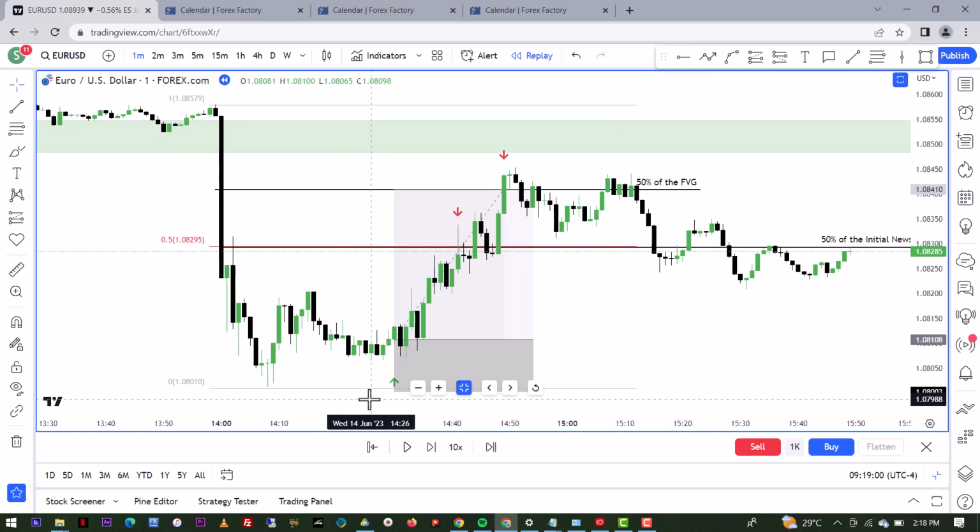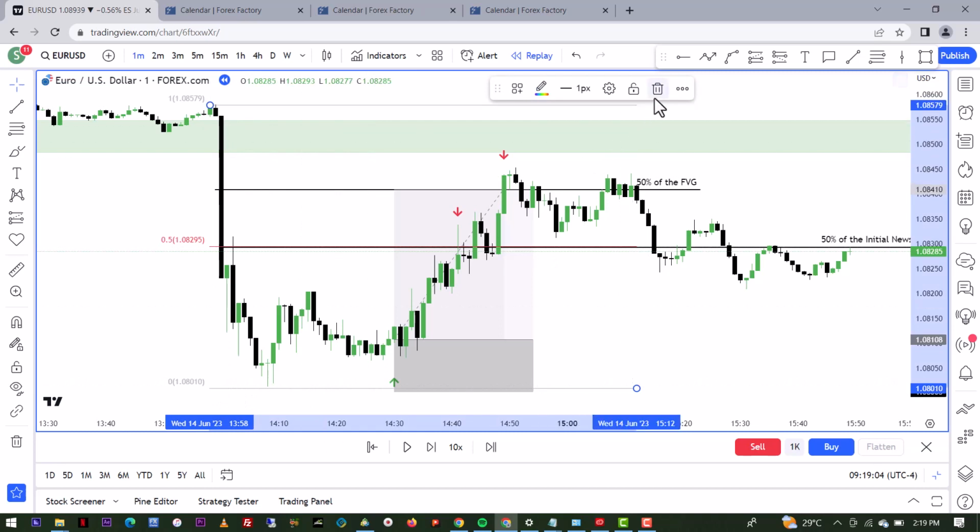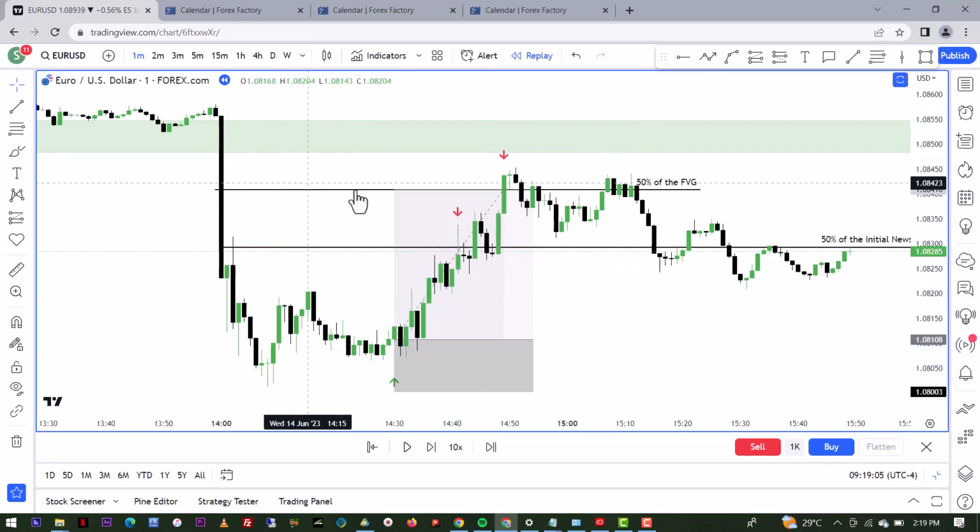And then the next place to take partials is once price gets to this level. What is this level? It's 50% of this fair value gap. A fair value gap is when we have three candles, candle 1, candle 2, candle 3, and then there's a gap between them. The 50% of it is the midpoint of the fair value gap.